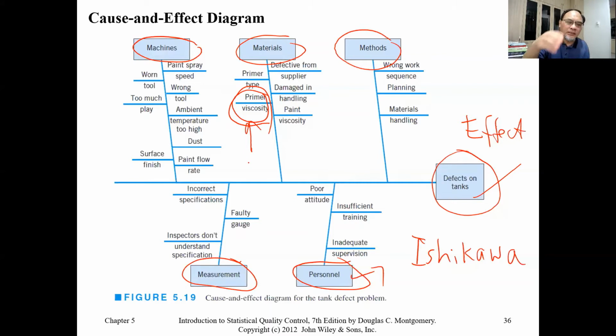So this gives you direction for further investigation and study to understand the process further. It's a powerful tool that has been used by many organizations.